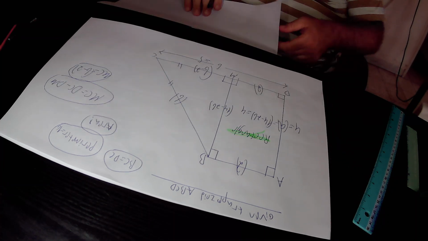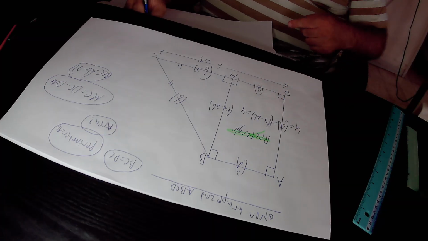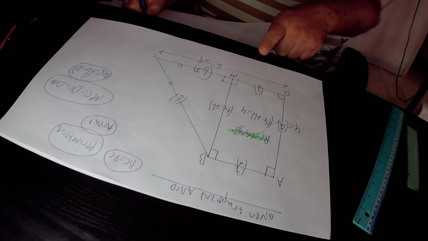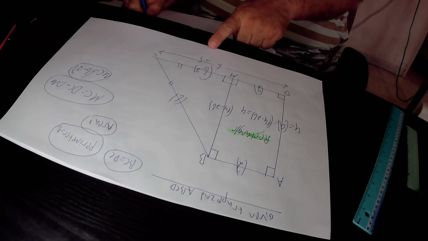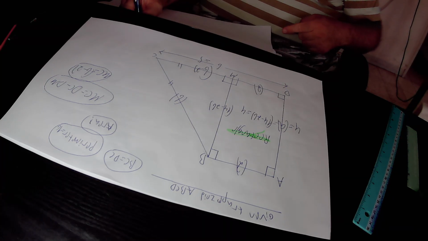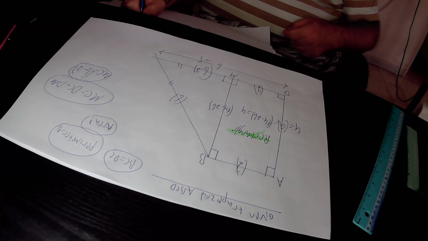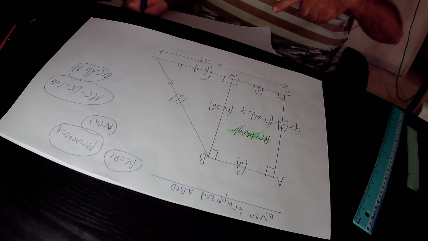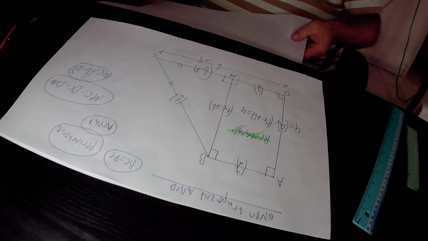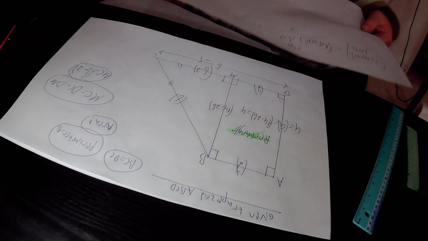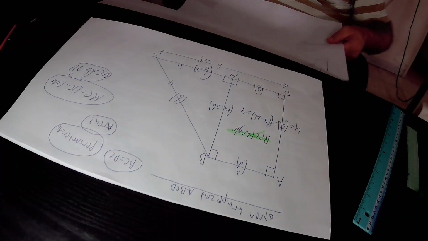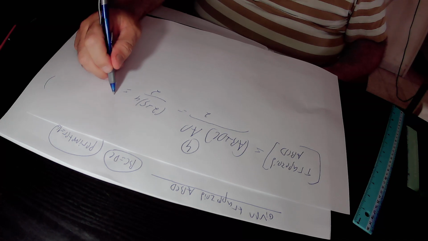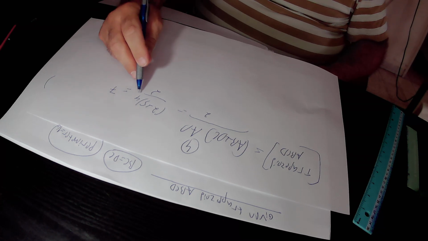AB is 2 according to what is given in the question, plus DC. We already found out that DC equals 5. So it is plus 5, times the height AD. The height AD is 4, divided by 2. So in total, we found out that the area of trapezoid ABCD, that is the area that we are looking for in this question, is equal to 2 plus 5 is 7, and 4 over 2 is 2.